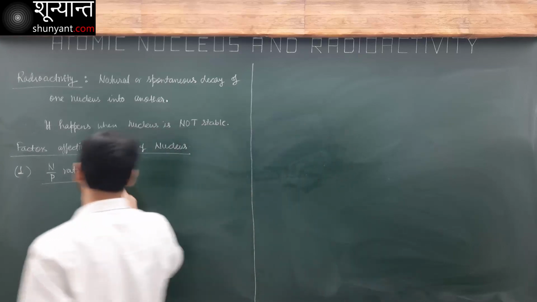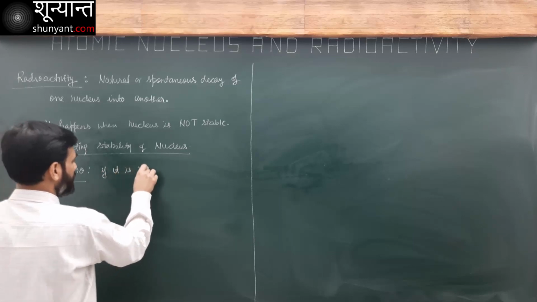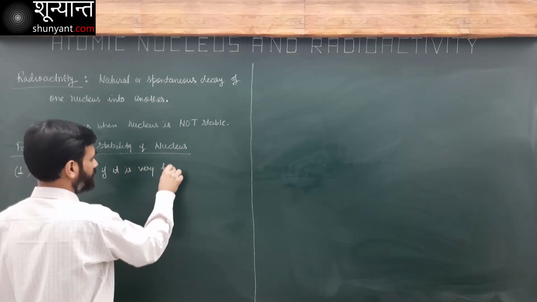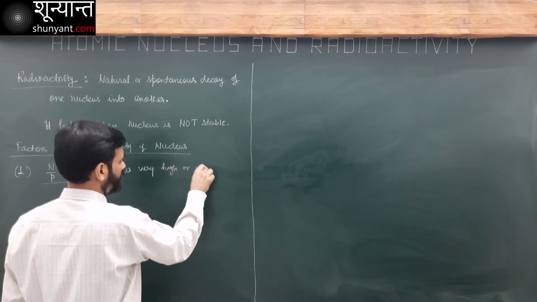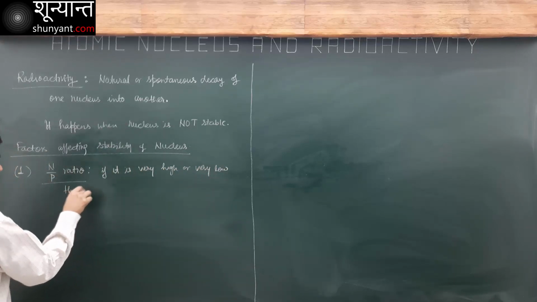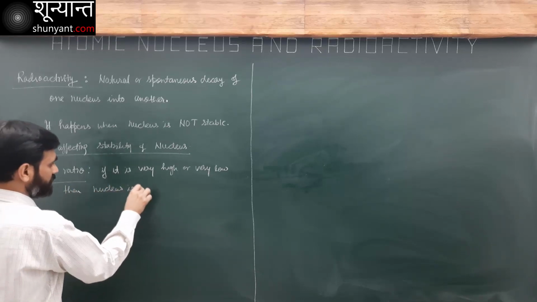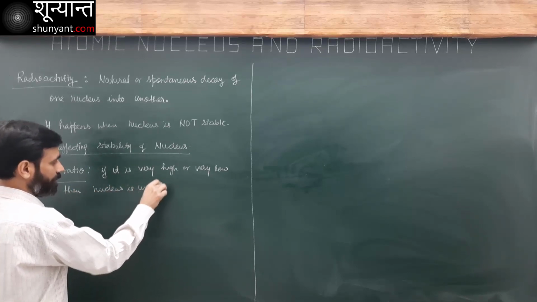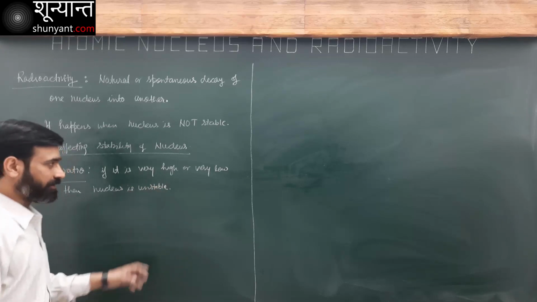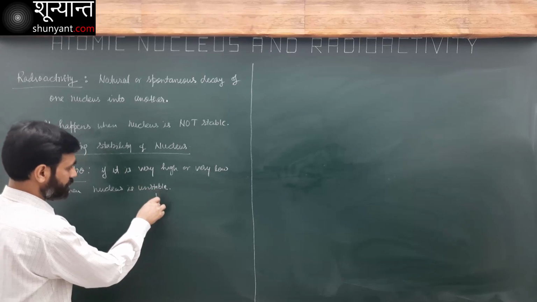Now, if it is very high or very low, then the nucleus is unstable. This has been analyzed for many elements.